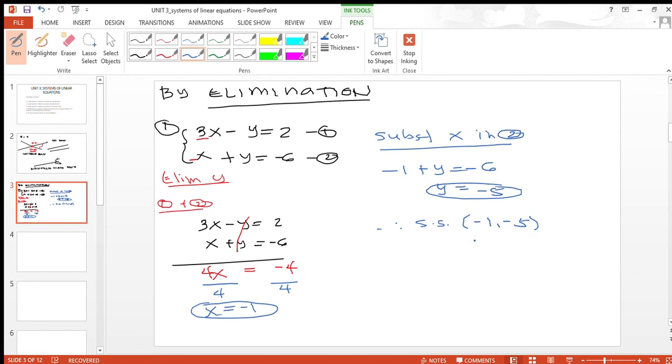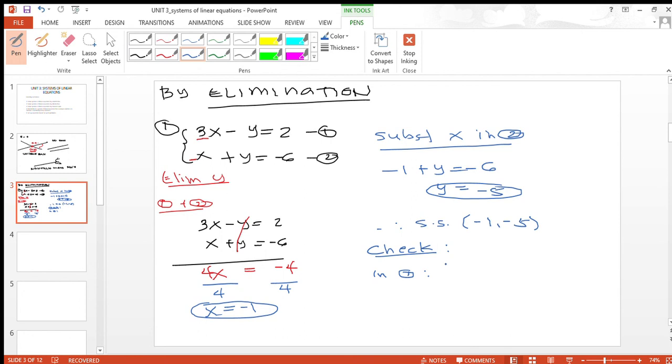So now, how do you check if your solution set is correct? From what we have mentioned earlier, if our system will have a unique solution set, this ordered pair must satisfy both equations. Therefore, if you substitute our solution set in both equations, it must satisfy both equations.